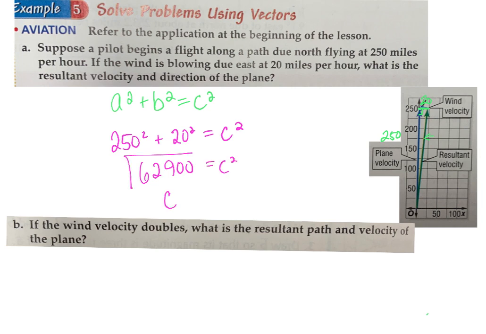All right, now you'll notice we don't have to consider the positive and negative here because it is magnitude, which is absolute value. So it's 250.8. All right, 250.8. In this case, if you were solving for the horizontal, you're going to do it a little bit differently than what they did, okay? So they solved for the direction from due north, all right? From due north.